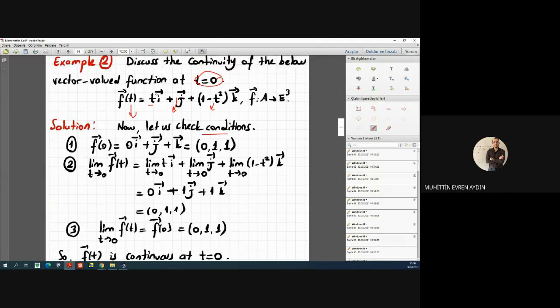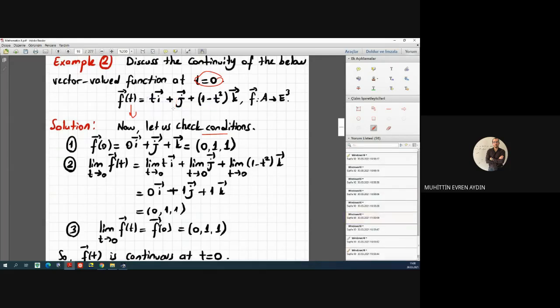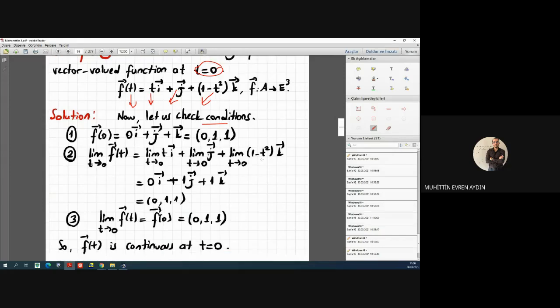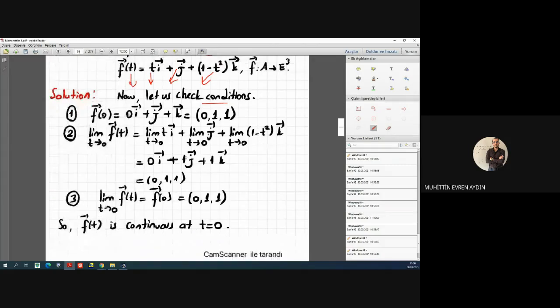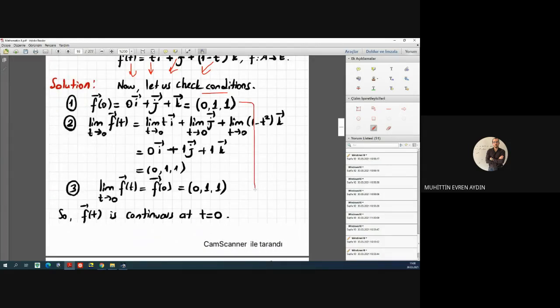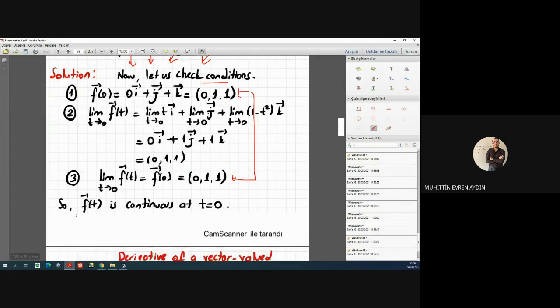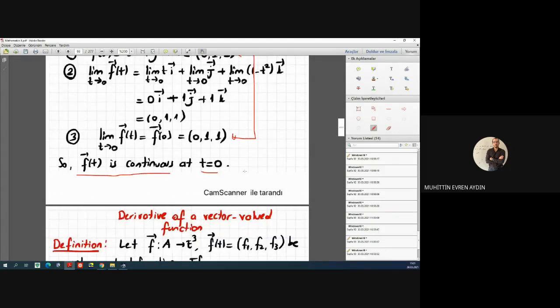And the limits: those are polynomials. t, the constant polynomial, and a polynomial of degree 2. So those have limits as well as being continuous. And since both equalities hold, we say f(t) is continuous at the point t equals 0.